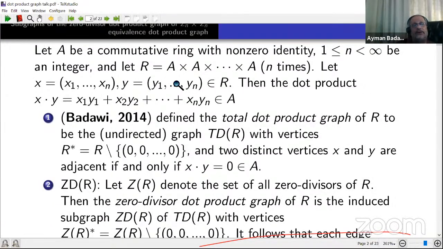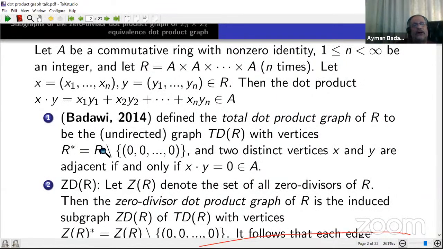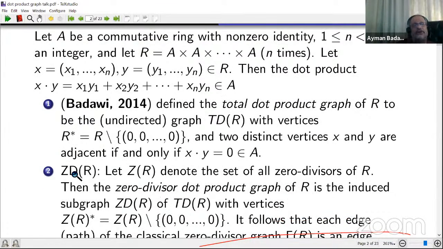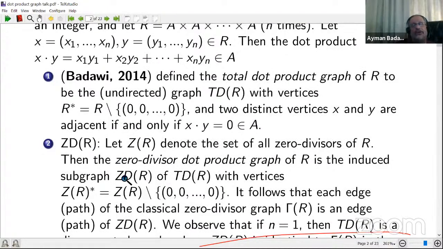So again, R is n copies of A, the total dot product is R take away 0, and the zero dot product will be like you take the zero divisors of the ring R. And of course, you can construct a subgraph inside the total dot product by taking only the non-zero zero divisors of the ring R.